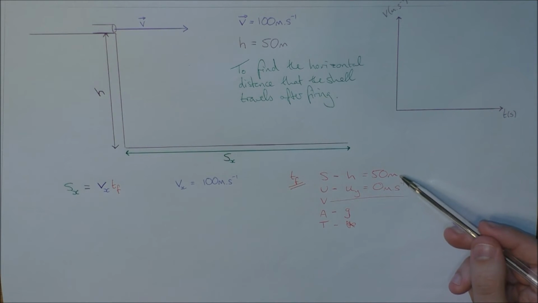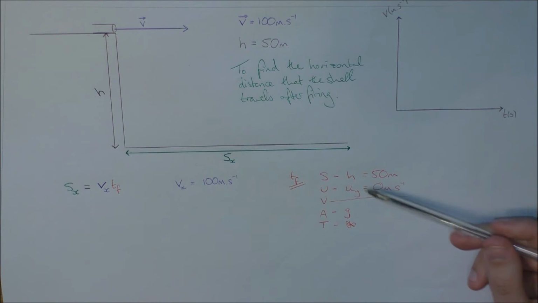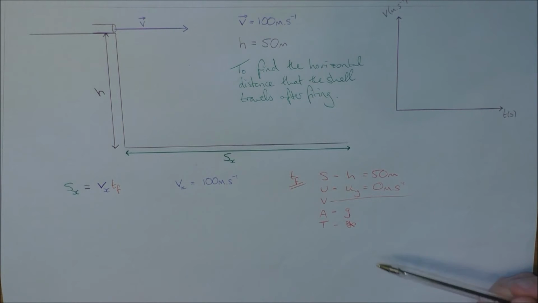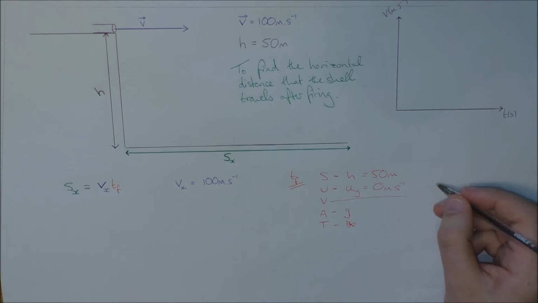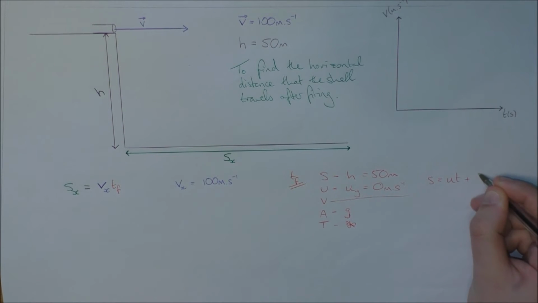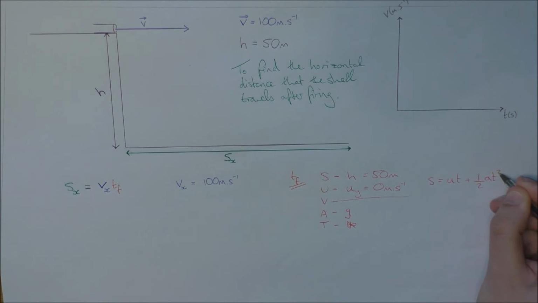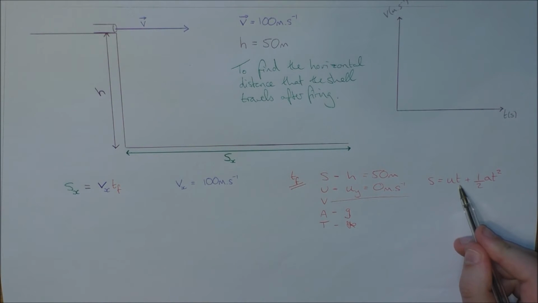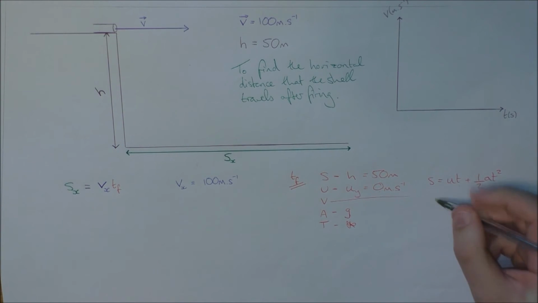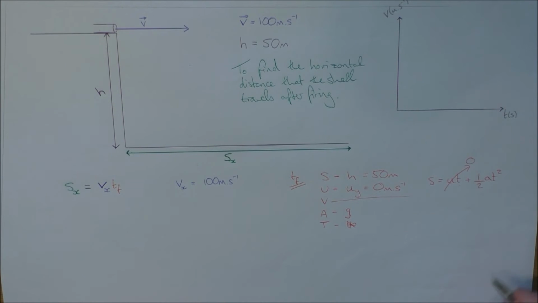Right, and then I'm going to look at the variables that I've got and the one that I want: S, U, A and T. That leads me to the equation S equals ut plus a half at squared. This is really convenient because u is 0, so that thing goes to 0.